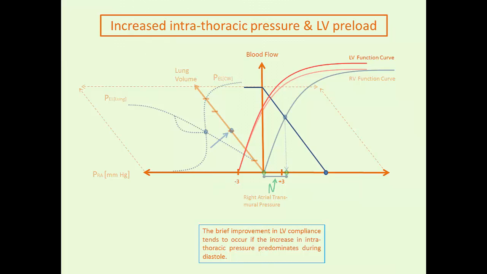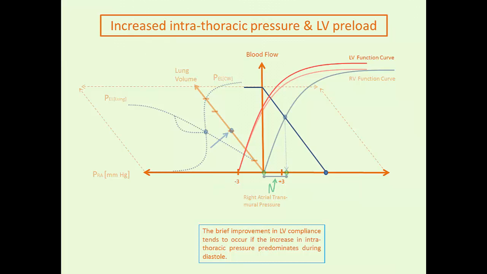And sometimes you'll see this in studies when you read them. It's like 50% of the time left ventricular end systolic volume and end diastolic volume decreased, and 50% of the time left ventricular end diastolic volume increased.